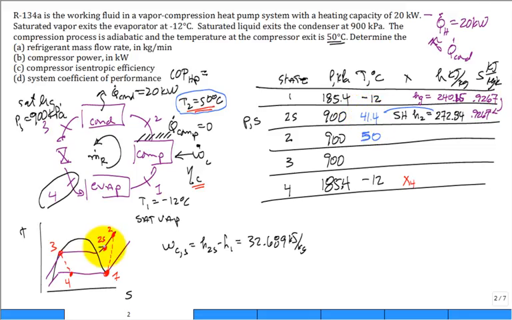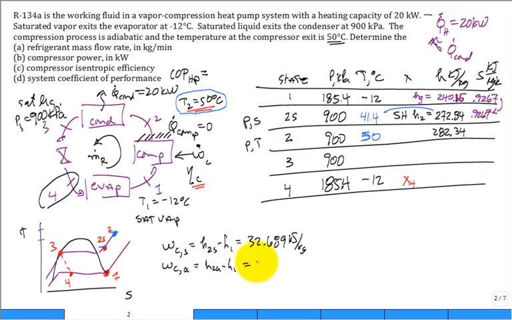So this temperature here would have been 41.4, but it goes out at 50 at state 2, a higher temperature. Now that we know the pressure and the temperature, we get the enthalpy coming out. It's 282.34 kilojoules per kilogram.